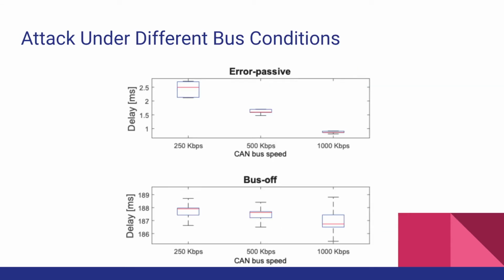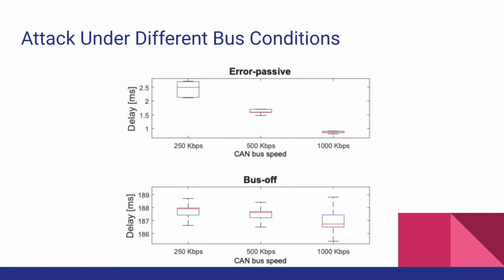Additionally, these two box plots show the attack under different bus conditions, and as it should be, the error passive mode was reached much quicker when the CAN bus speed was faster. Similarly, the bus-off attack itself occurred much quicker when the bus speed was faster.